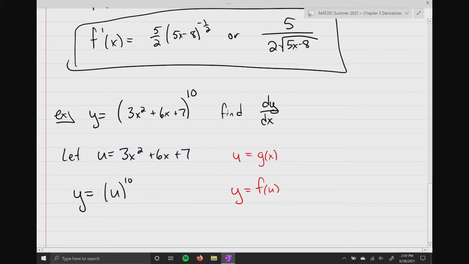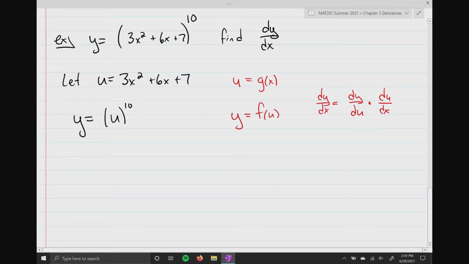And we know dy dx is going to equal the derivative of y with respect to u times the derivative of u with respect to x. So what I'm going to do here is do two separate little derivatives, and then multiply them together, and then we can see how this works out. So the first, let's find dy du.